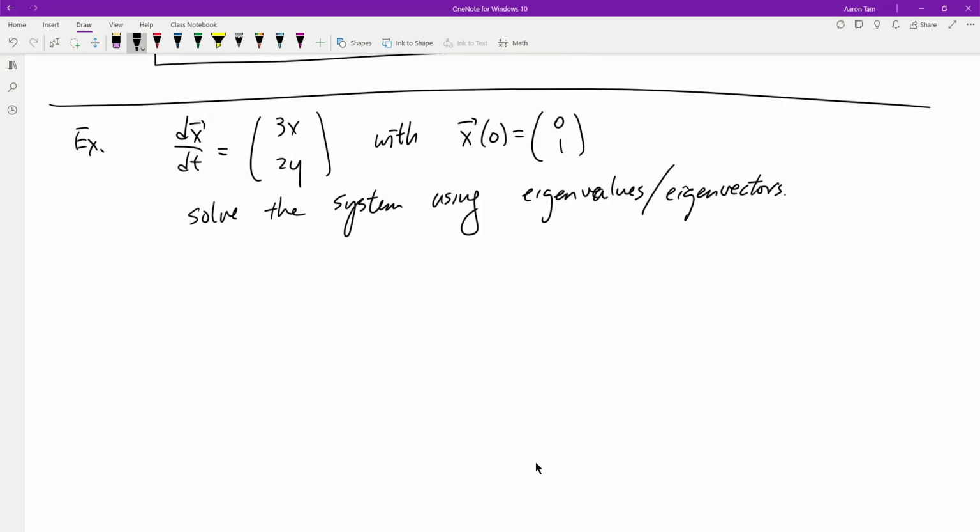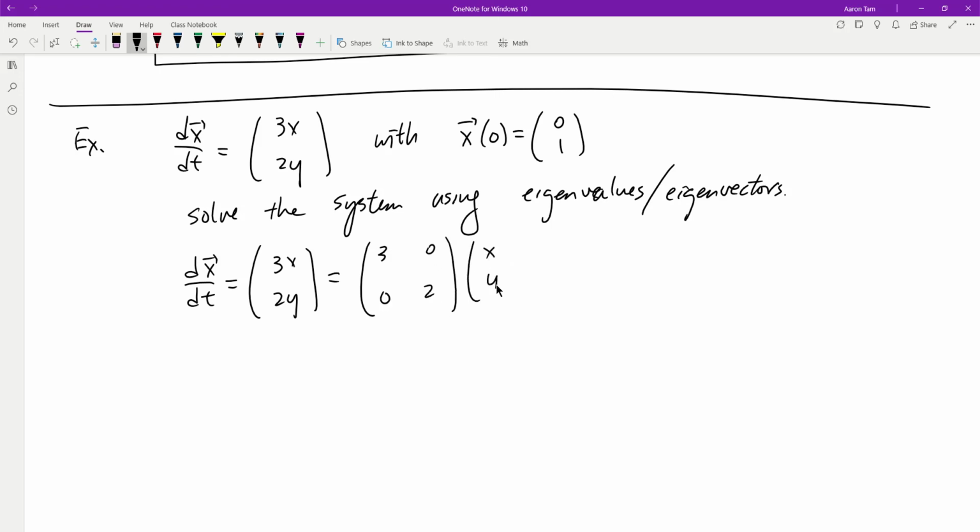Let's go for it. So in this case, first of all, I'm going to make sure I form my matrix first. Oh, actually, maybe I should write it this way. All right, so let's find the eigenvalues and eigenvectors.